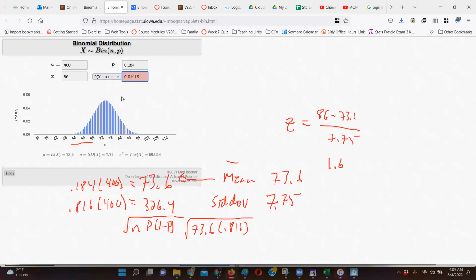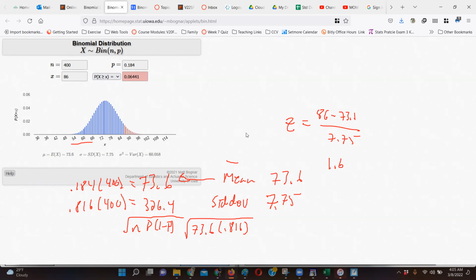That way you can compare the two calculators. Okay, see how it's shaded in that red area? That's the probability of getting 86 or more people that have a headache as a side effect. See how it's doing that tail area? And that probability right there is bigger than 5%. So we can't say it's unusual, which agrees with our standard deviation test, right?